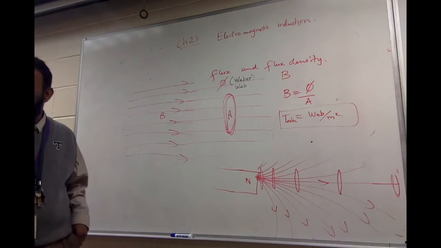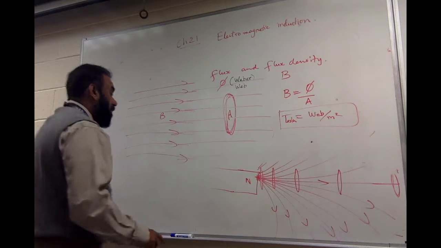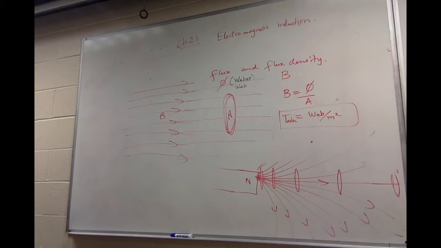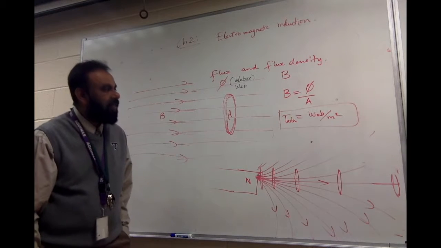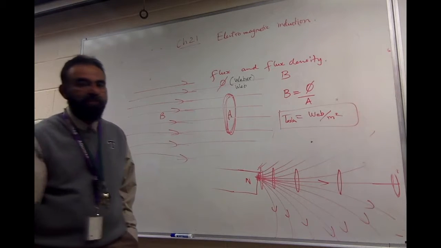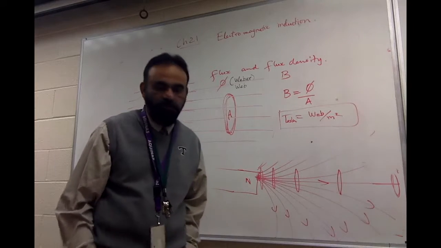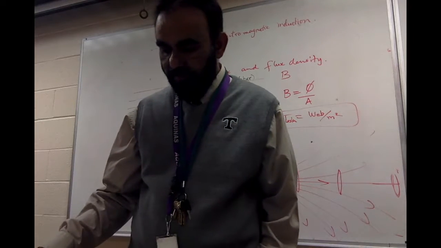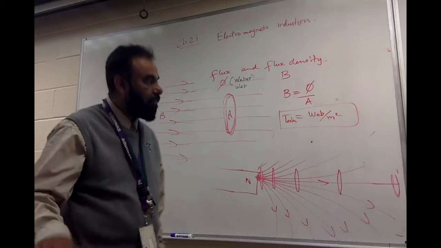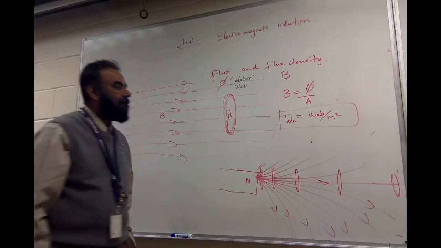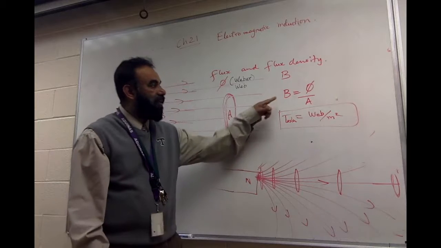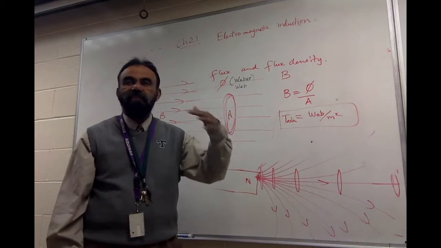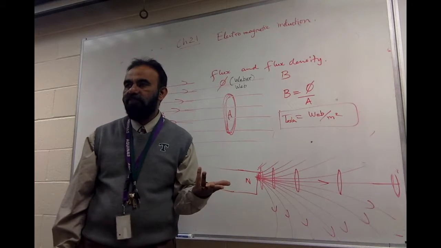Yeah, Tesla is Weber per meter square. That's the unit of magnetic field. That's why sometimes we call this magnetic field the magnetic flux density. You get it?